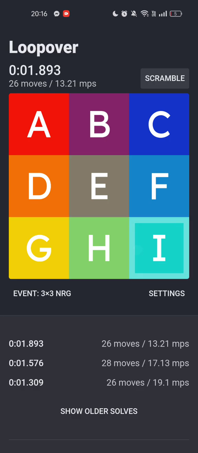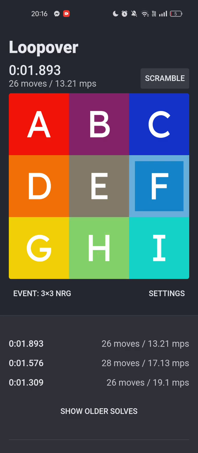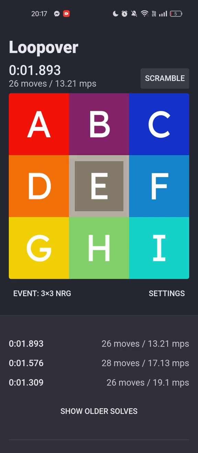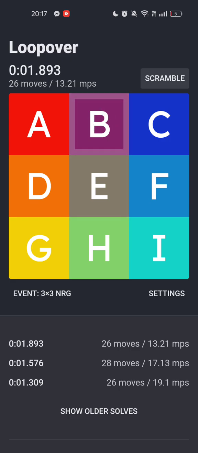Pretend that this piece is A, this piece is B, and this piece is D. And you can pretty much do all of the same things you can with A and B, but instead you do it with I and H, which gives you a lot more options. And you can do the same thing with C and F at the top left.